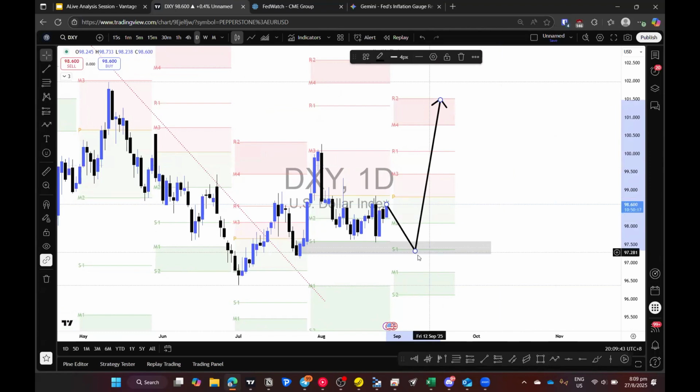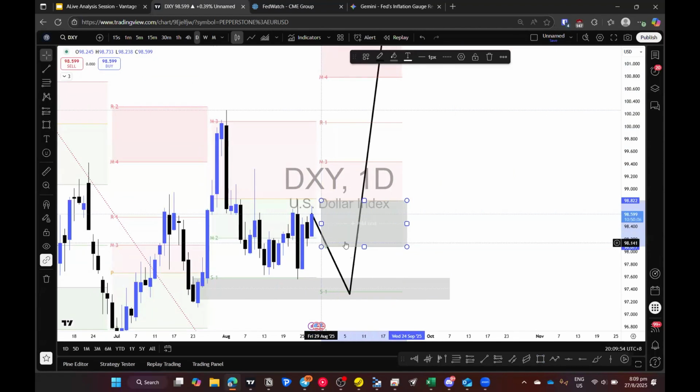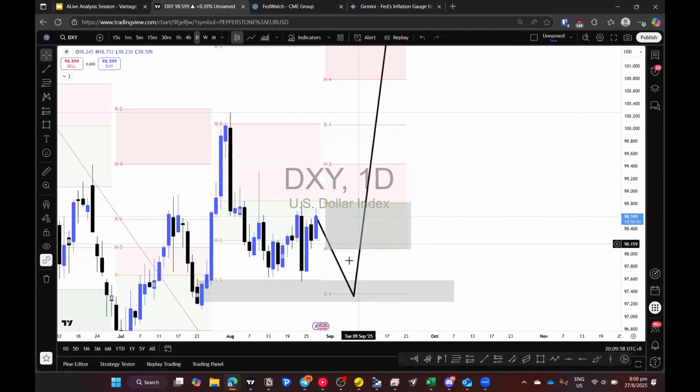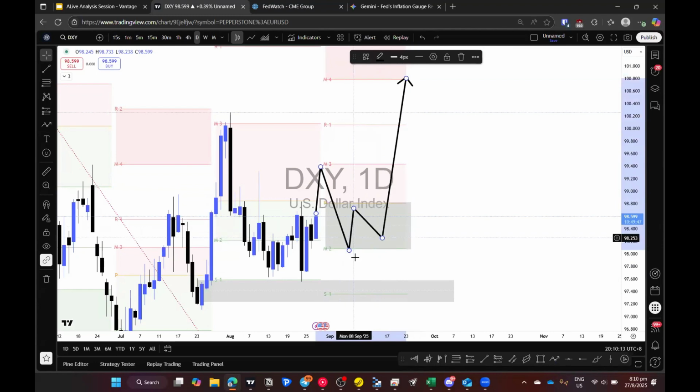Right now we're in the range. We're not looking to buy this entry here. Usually when we are talking about the pivot points on the monthly, we are looking at an M2 pivot entry. But for us to actually start entering here, we need to see buyers willing to break above the pivot, break above this area, retest, and then we look for an entry around this area.